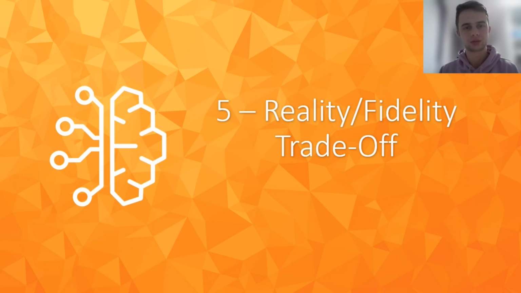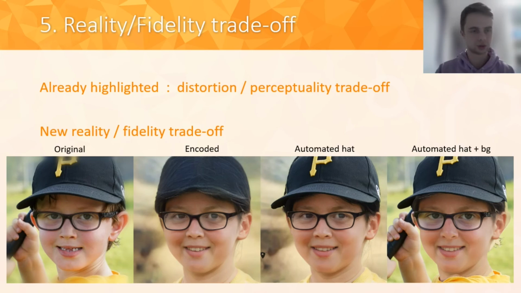Now, eventually, we tried to do some reasoning on our methods, and this led us to make some choices in our submission for the competition. So, in the E4E paper, the encoder for editing paper, the trade-off between distortion and perceptual quality was already highlighted, basically how the image globally looks realistic and how locally the image looks realistic.